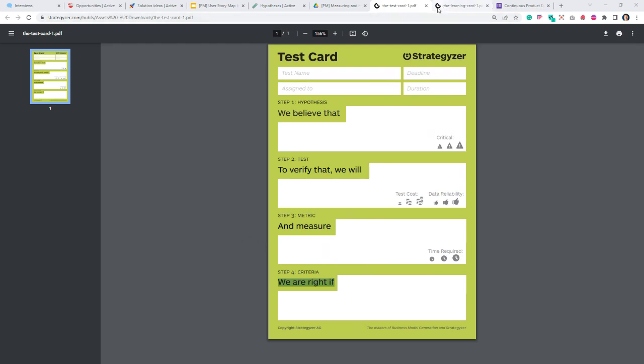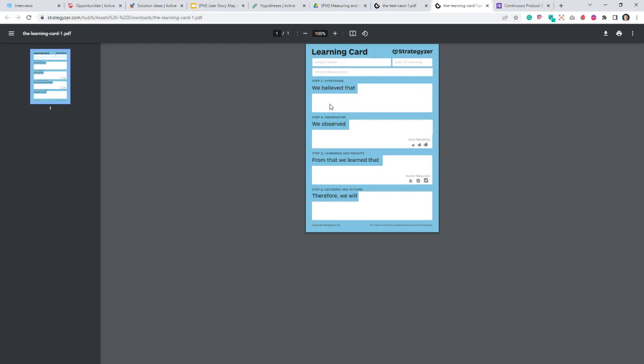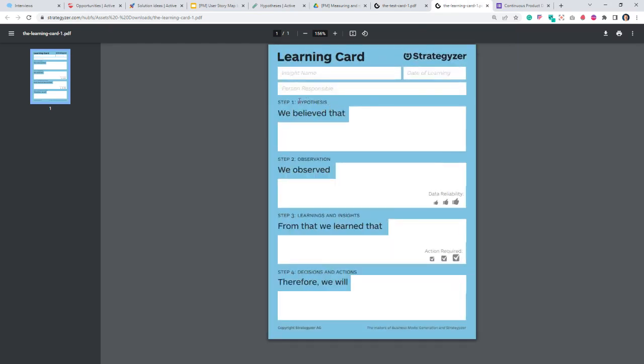And after running an experiment, this is the same hypothesis. So we believed this, and then what we have measured: for example, 65% of people figured out how to click the right button and did it with the first click.